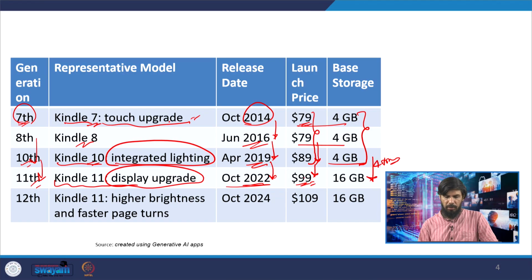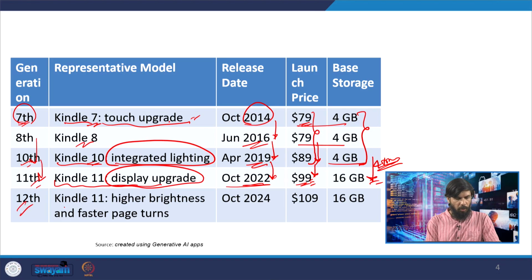So, while the price is a slight increase from 89 USD to 99, the storage got increased 4 times and there was a display upgrade also. So, in the 11th version again we see significant improvement with a slight price increase, right. Storage and display and other upgrades are much more significant when we compare to the slight price increase. So, there also we can see the same impact happening here.